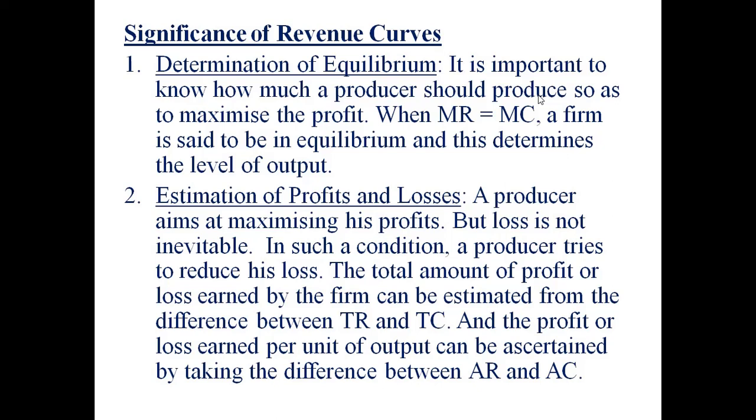Because in an imperfect competition market, a firm must reduce its price level to sell more and more goods. So if a firm is selling more goods with the same quantity and quality at a reduced price, how can the firm maximize the profit?